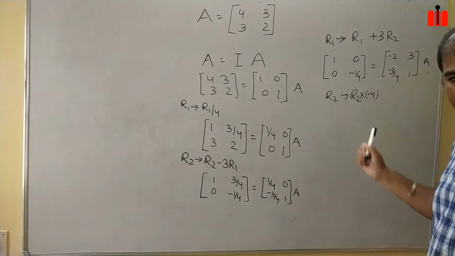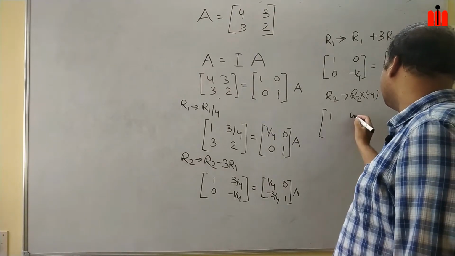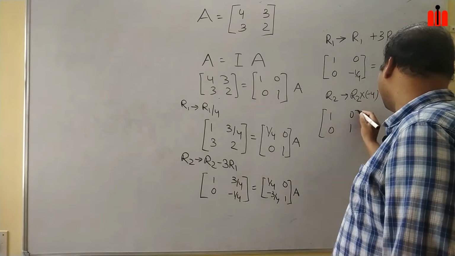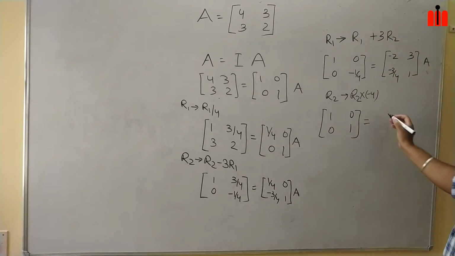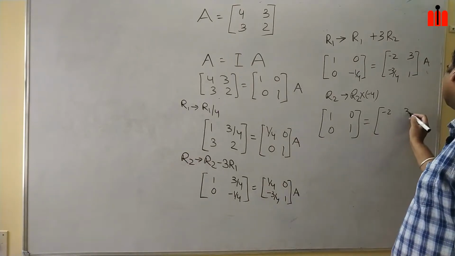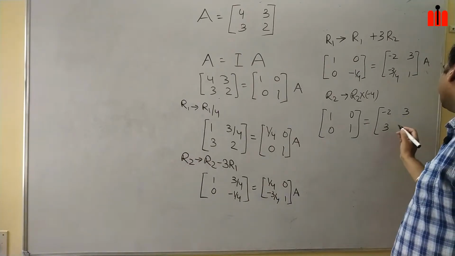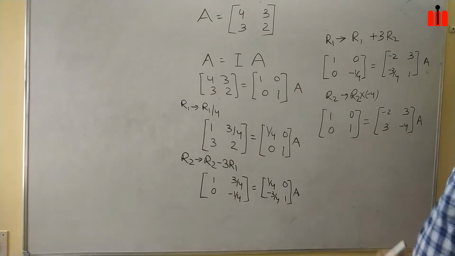We do this. After that what will be my result? 1, 0, 0, 1. Now you multiply this with minus 4, then you will get minus 2, 3, 3, minus 4 into A.